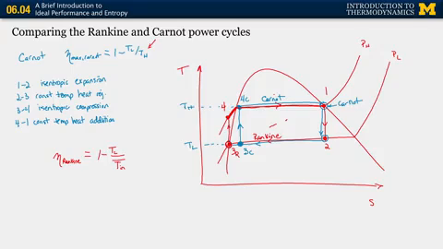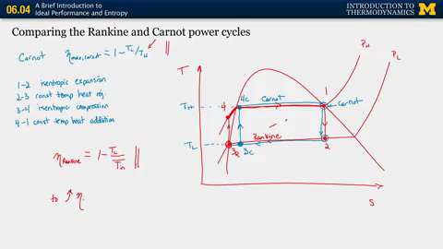Okay, but we can look at the features of both the Rankine efficiency and the Carnot efficiency, and we can make some pretty general conclusions, which are the same conclusions we made when we discussed this for Carnot, which is you generally want the low temperature to be as low as possible and the high temperature to be as high as possible. So to increase the efficiency, and it doesn't matter if it's Rankine or Carnot, that's what this is telling us, that the strategies to improve Carnot performance are the same strategies to improve Rankine performance.